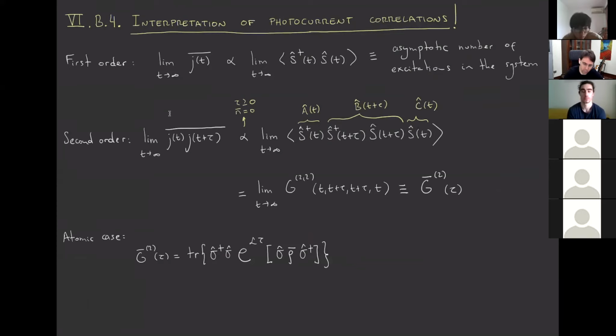But now this is super easy and super nice to interpret, because this sigma operator, I remind you, is the lowering operator. So this is ground excited. This is the raising operator, so it's excited ground. And therefore, this operator here is nothing but the excited projector. Okay?